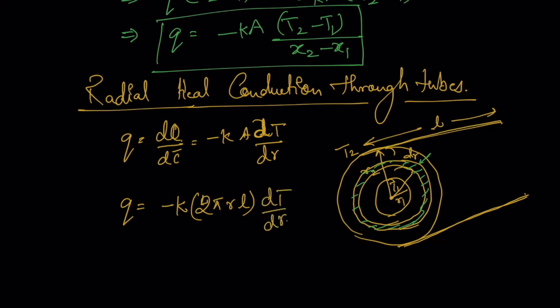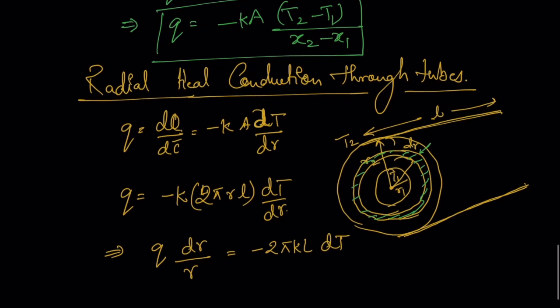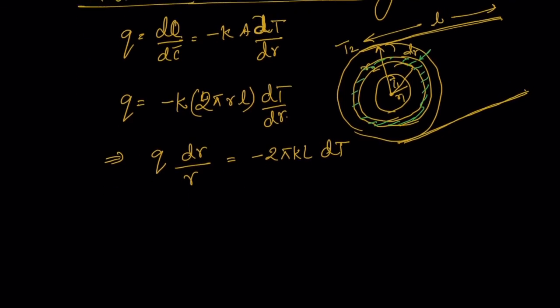Okay, so you can write q into dr divided by r equals minus 2 pi k l dT. Okay, this will be the equation.